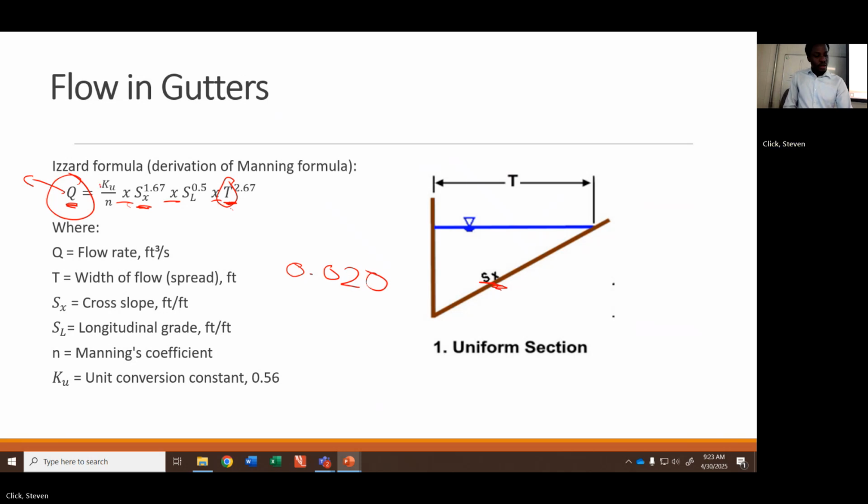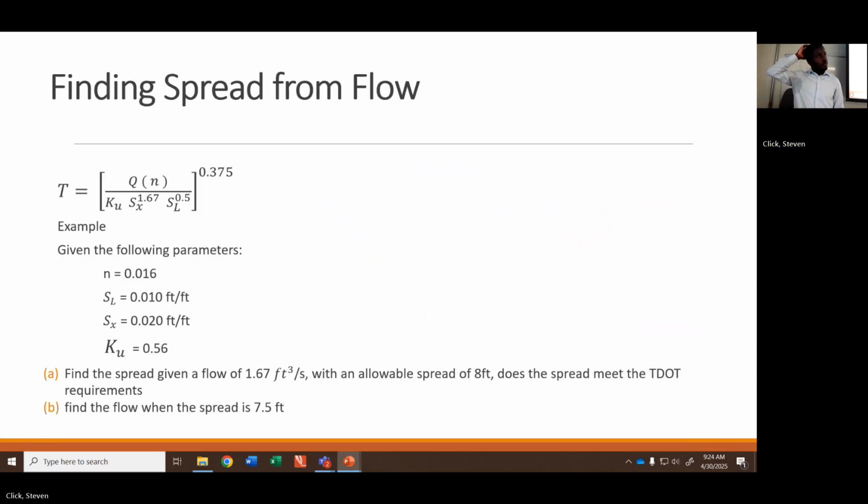This is a constant of 0.56. This is a Manning coefficient that's based on the material you are using. There's a longitudinal slope that's given by the slope of the road. So you already know this. So this is what you are trying to find out, given this slope that we have created. So when you arrange this formula, you get this.